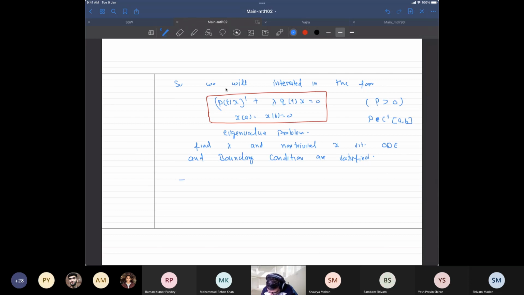If you write T as a linear transformation applied on, let's say, x in C2[a,b], that means the functions whose second derivative exists and is continuous on the closed interval [a,b], with x(a) = x(b) = 0. Now if you consider this set, this is a vector space.